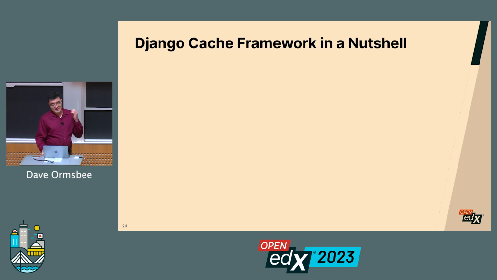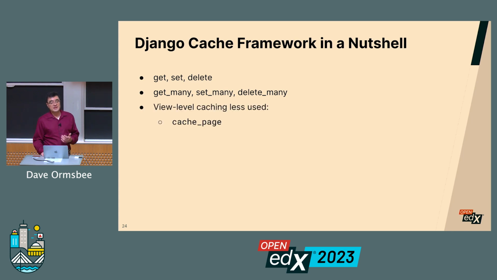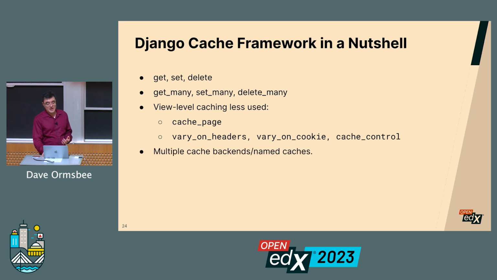Okay, so the Django cache framework in a nutshell. The low-level framework, we have get, set, delete. They have get many, set many when you know you're doing a bunch of keys in parallel. And then we have some view-level caches that honestly we don't use as much, mostly because most of our caching is centered around API calls, and we do per user checks on those for access and so forth.